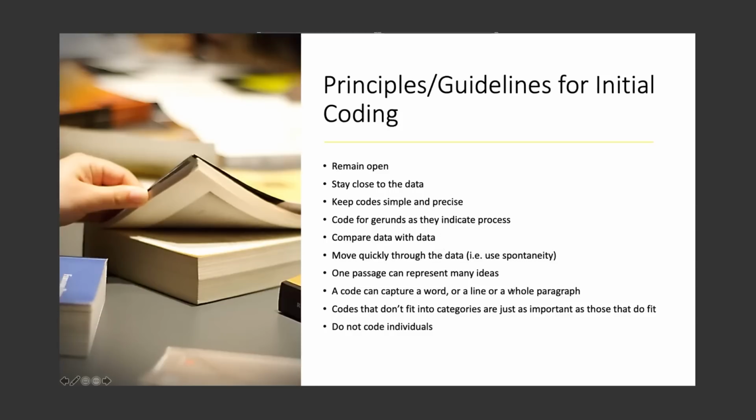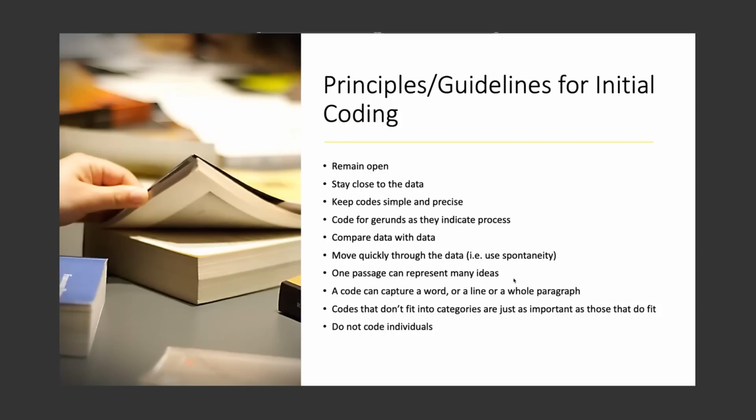An important point to keep in mind is that one passage, one paragraph can represent many ideas, and therefore you can code 5, 6 things within the same paragraph. So don't say, I've made one code already, so I'm not going to make any more codes. Put as many codes as you think are different enough, right?